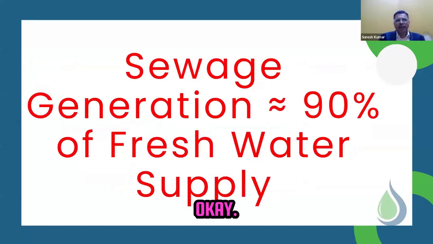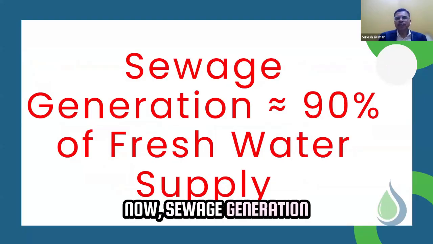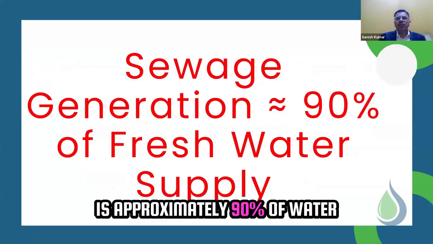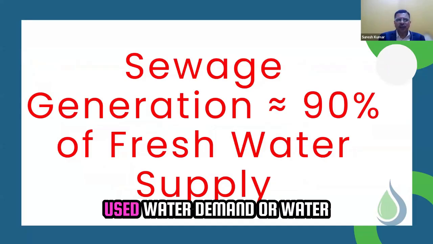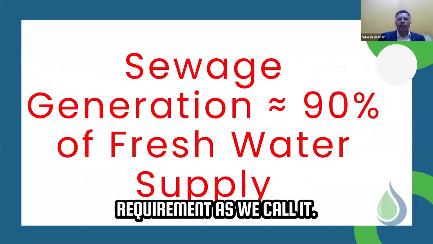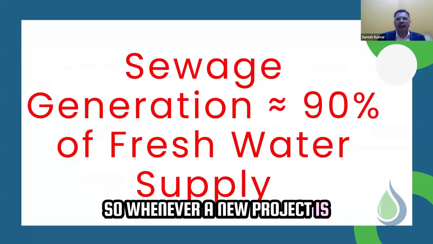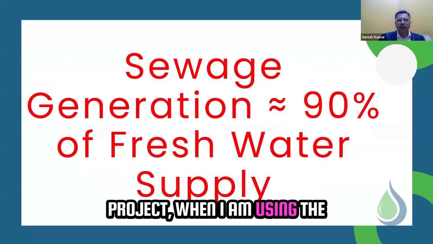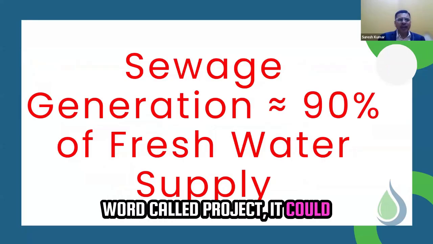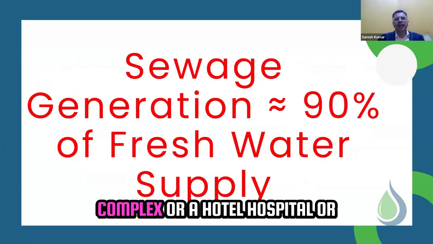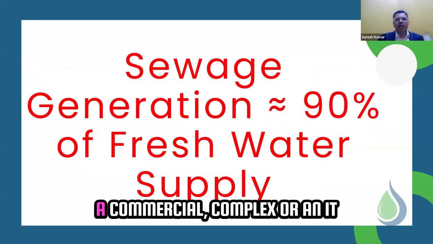Now, sewage generation is approximately 90% of water used, the water demand or water requirement, as we call it. Whenever a new project is planned, it could be a residential apartment complex, a hotel, hospital, commercial complex, or an IT building.